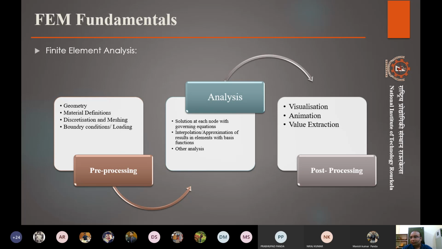So generally what we want to see is how the stress is distributed, how the displacement is happening, how the strain is developed, and so on. But there can be many more visualizations that can happen. Like in terms of computational fluid dynamics, we also want to see how the movement of the material is there, like how the flow is happening, right?